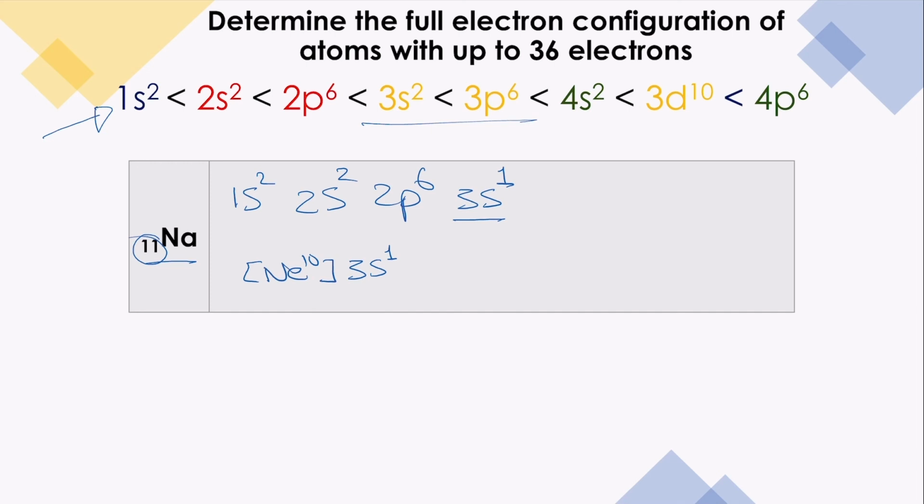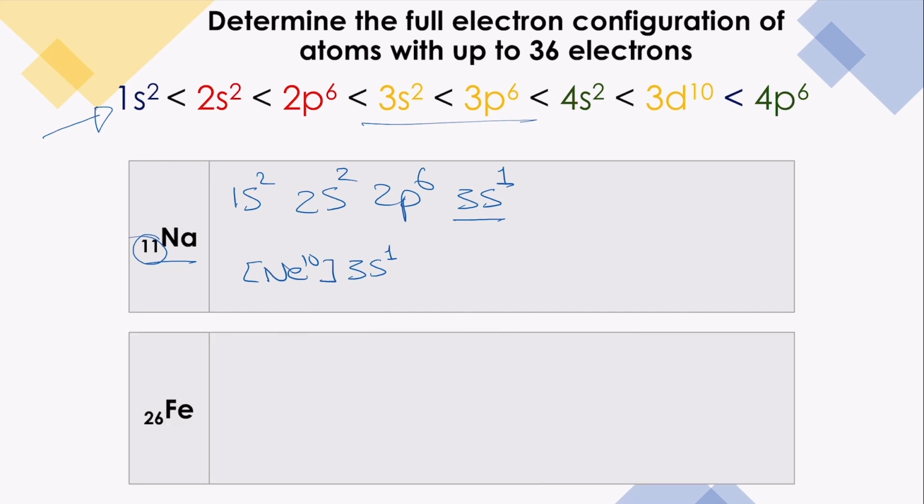What about iron, Fe26? You do the same: 1s2, 2s2, 2p6, so we have here 10, 3s2, 3p6, 4s2, 20, then 3d6. Now you have 26 electrons.